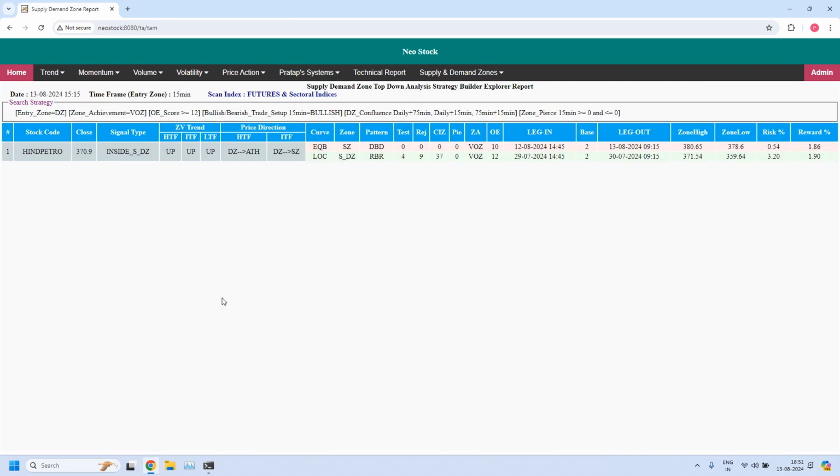Let's filter. Only one stock. Hindustan Petroleum is having a confluence. That's why you see it's already tested 4 times, 9 rejections from this zone. Okay, this is about the bullish trade setup for daily income trade.